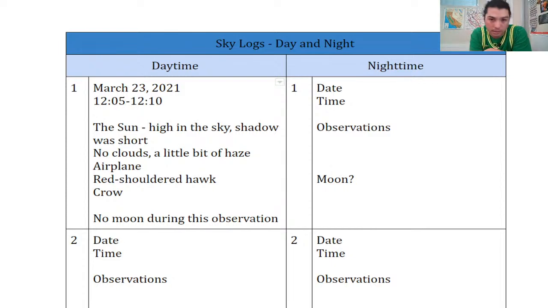Whatever works best for you. But go try that first daytime observation right now. Once it gets dark tonight, do that first nighttime observation. Repeat 3 more days, and then we'll have enough data to compare things. All right, have fun with it. Go observe, see what you can see, enjoy the outdoors, and we will see you soon.